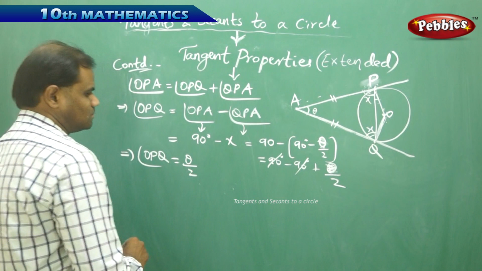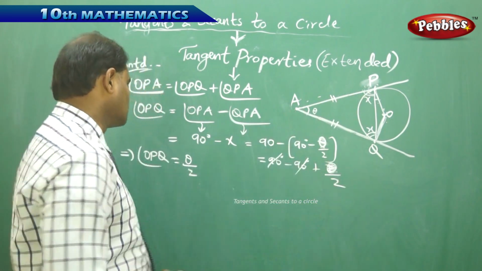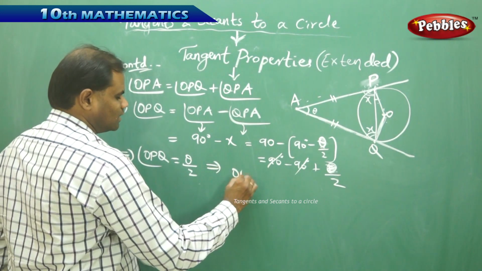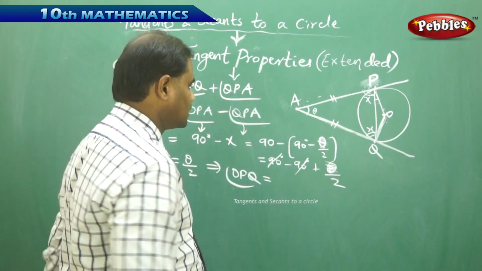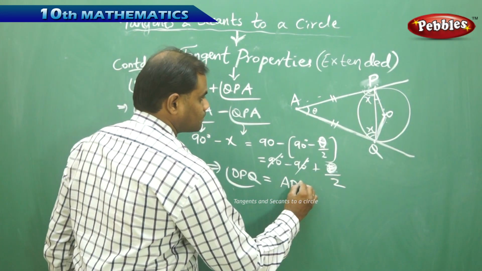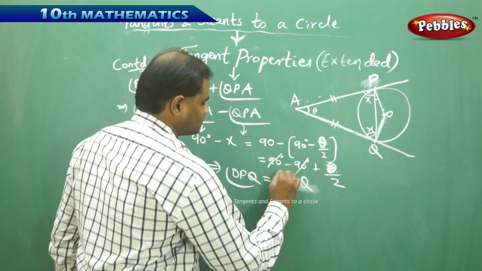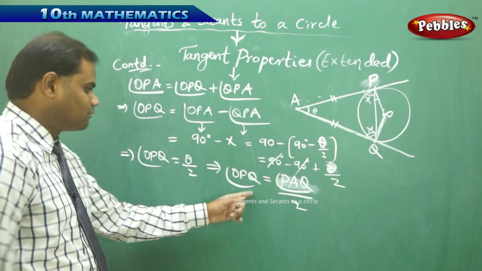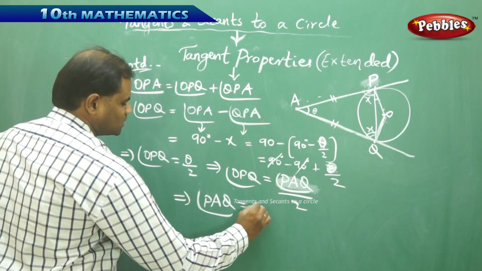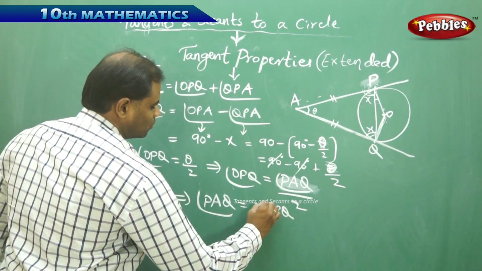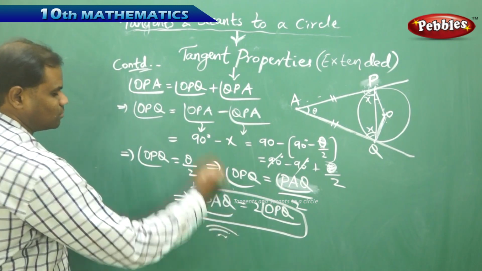theta by 2, which clearly shows that theta, which is angle PAQ, substituting for theta, angle OPQ is angle PAQ by 2. When I further simplify this by cross multiplication, angle PAQ is twice angle OPQ, from the given proof.